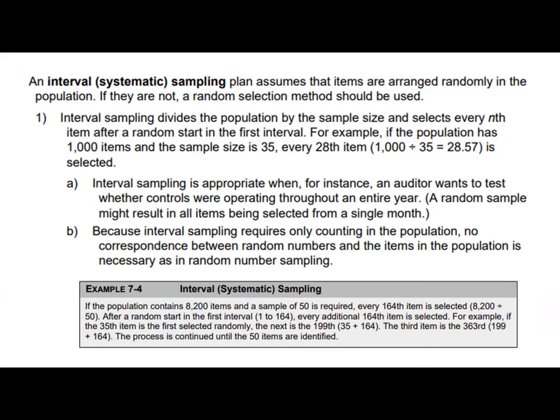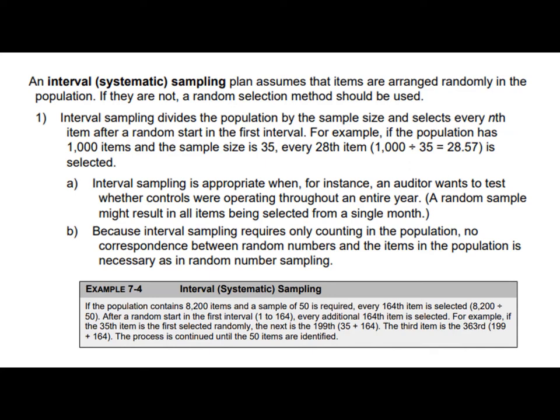Like that you keep on choosing the items, so they are all randomly distributed. Every 28th item you are going to choose after starting within the first 28 items. That is what you mean by interval sampling.